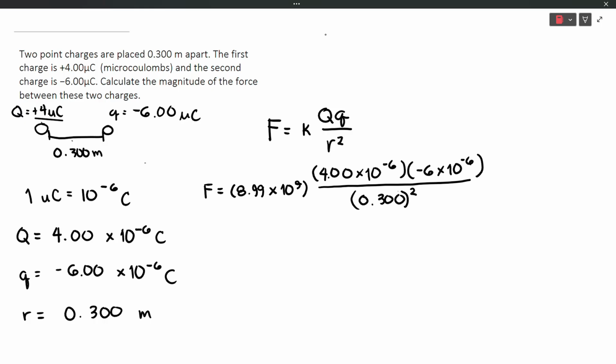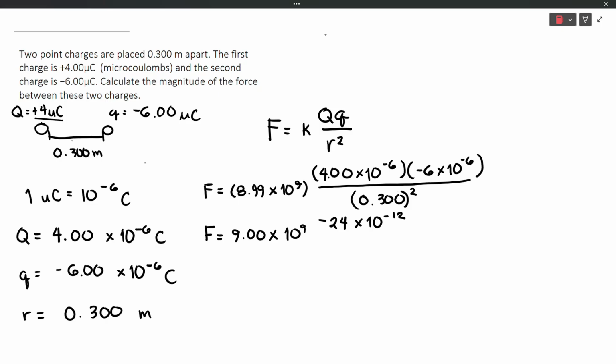Now if we're going to round this, one way to solve this without using your calculator is to do it by hand. We have 4 times negative 6. Let's just write k as 9. So 9 times 10 raised to 9 times, now 4 times negative 6 is negative 24 times 10 raised to negative 12.